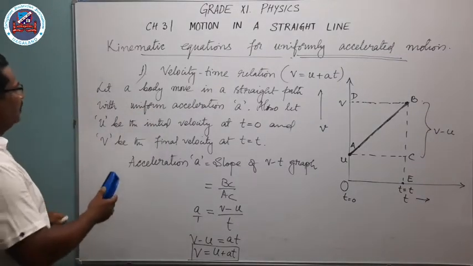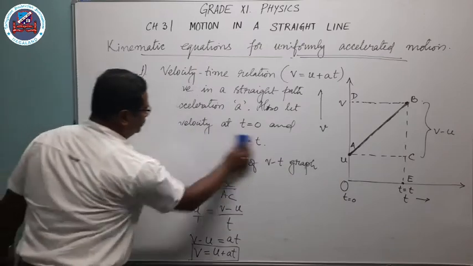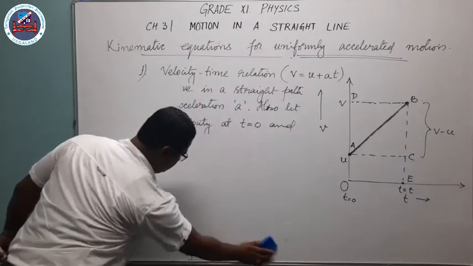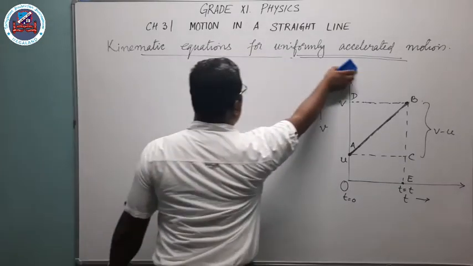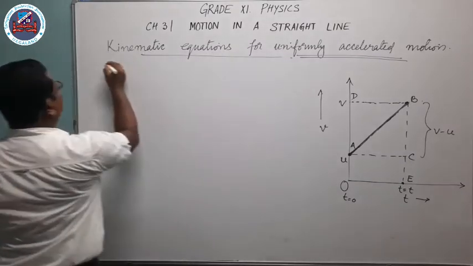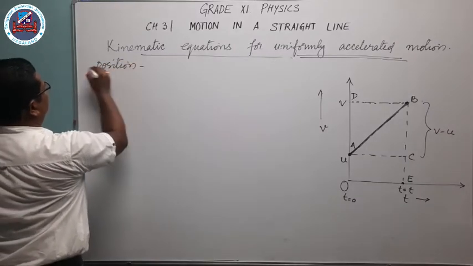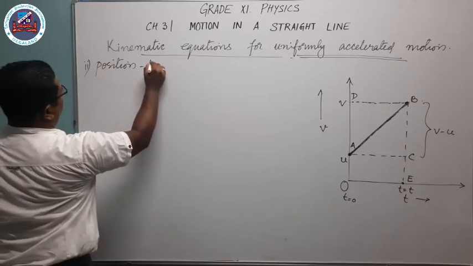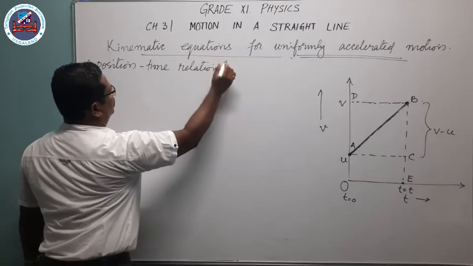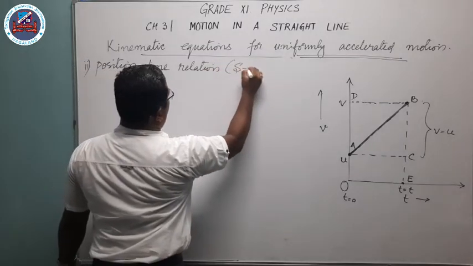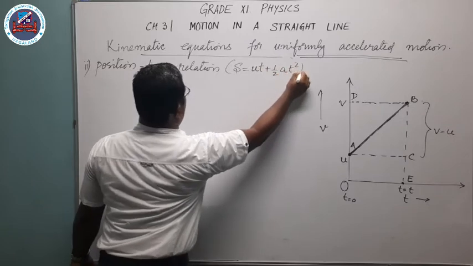Let us see the second one, that is position time relation. There is your S is equal to ut plus half of at square.